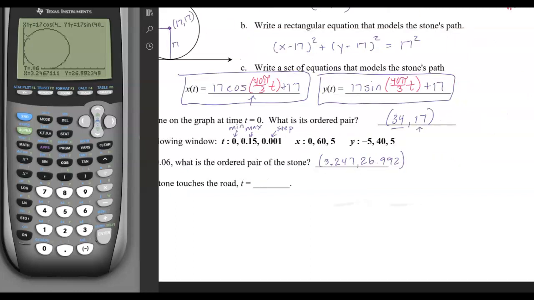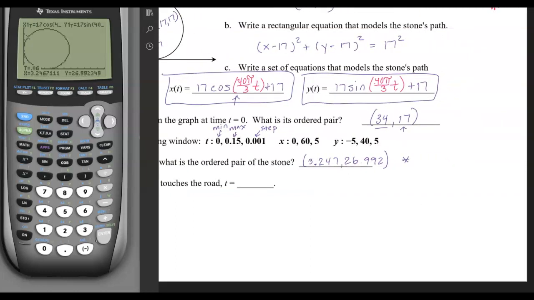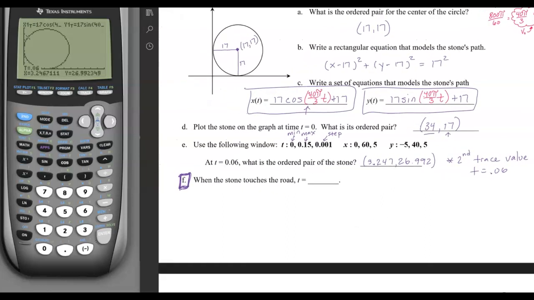Again, all I did was hit second trace, value, t equals 0.06, enter.